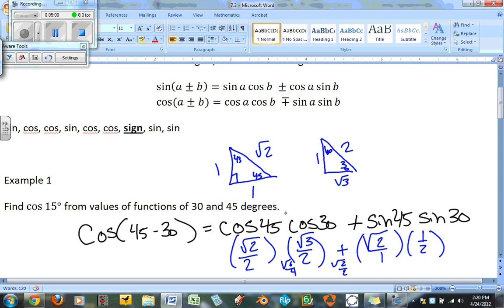If we wanted to add, we'd get common denominators. So this trig ratio would be the square root of 6 plus the square root of 2, all over 4, if that's how you want to write it. And then we could also figure out the actual value using our calculator.